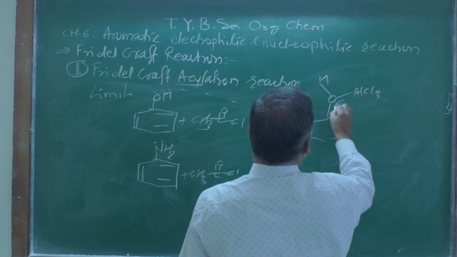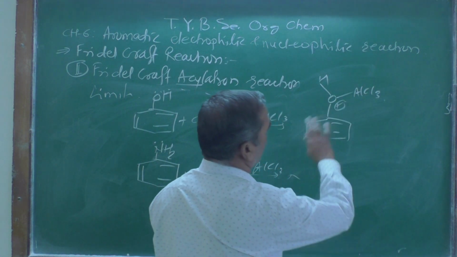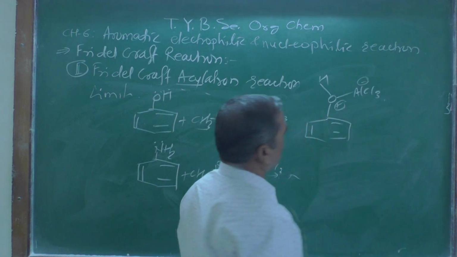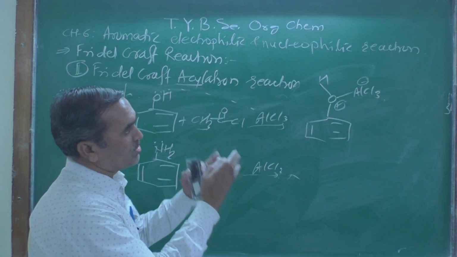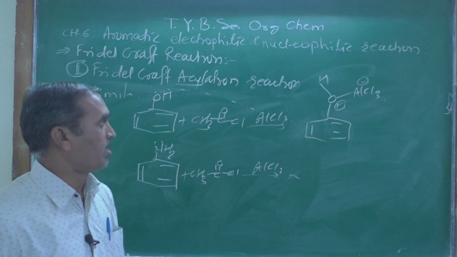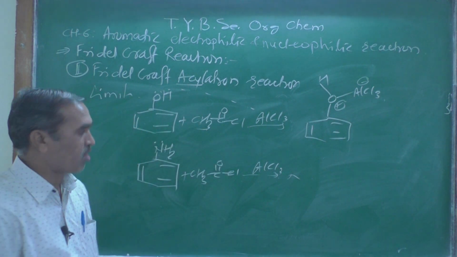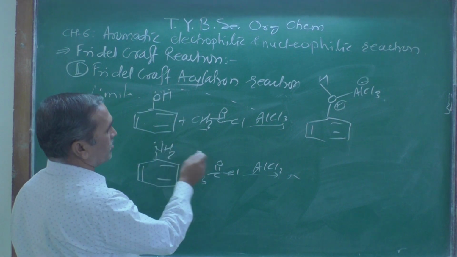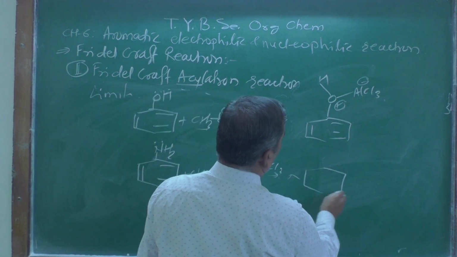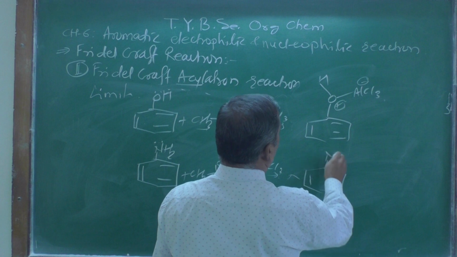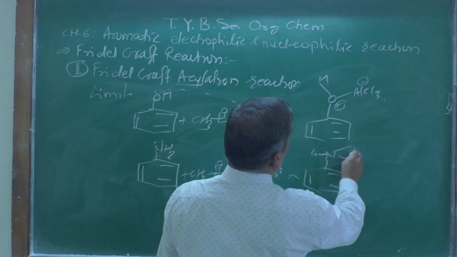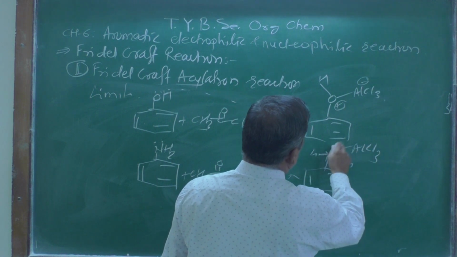AlCl3, with the positive charge here, and that type of salt gets formed. Therefore the ring becomes deactivated, and the hydroxy group or the amine group gets coordinated, and so they do not undergo the reaction with AlCl3.